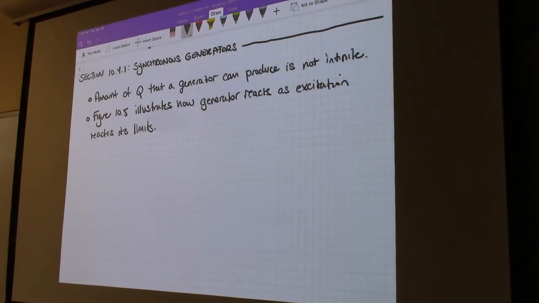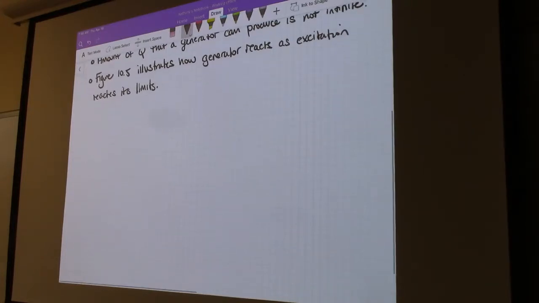Because stability is associated with the Q being supplied on the receiving and the sending end. The sending end is going to be a generator. And so what happens here?